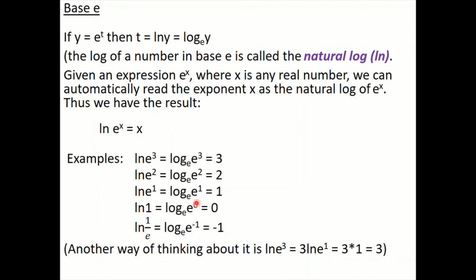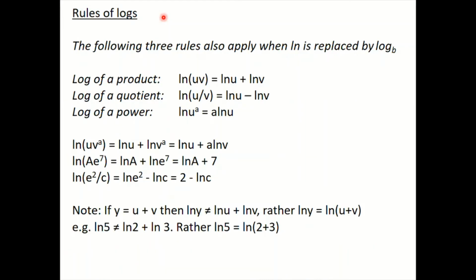So the exponent in this case is 0, and that exponent, that 0, would be the natural log of e raised to the power of 0. So just seeing why it's quite handy when we start working with a base of e.